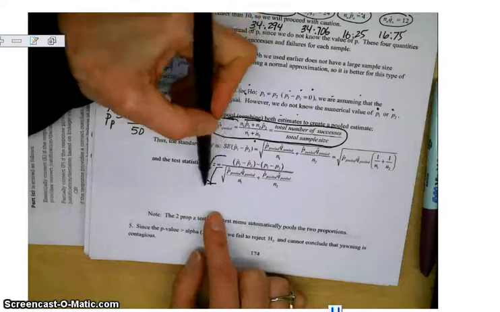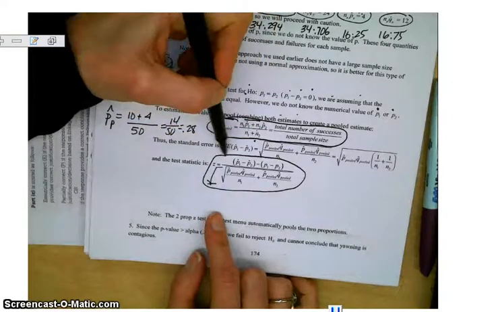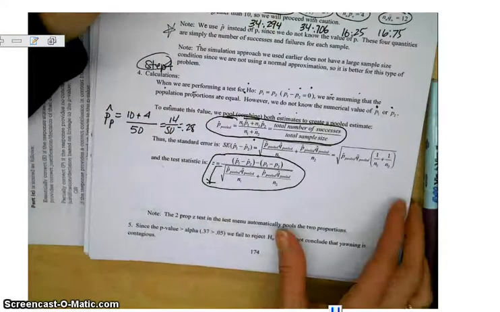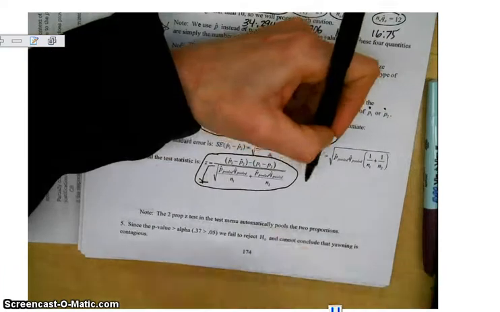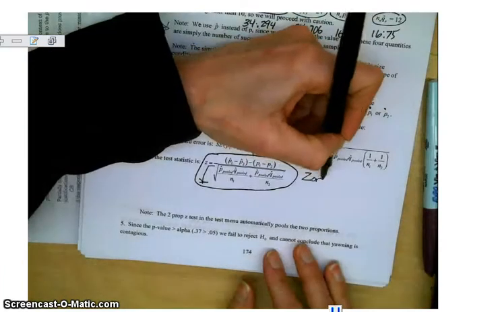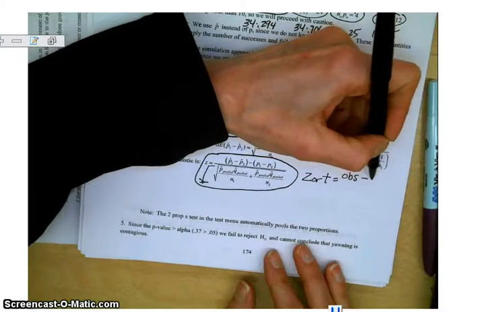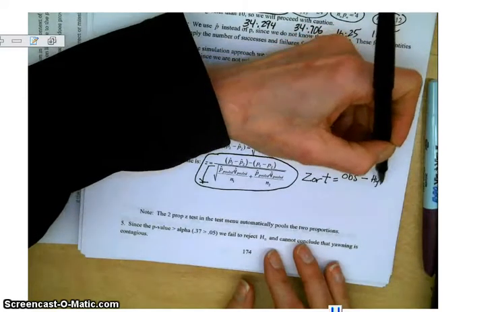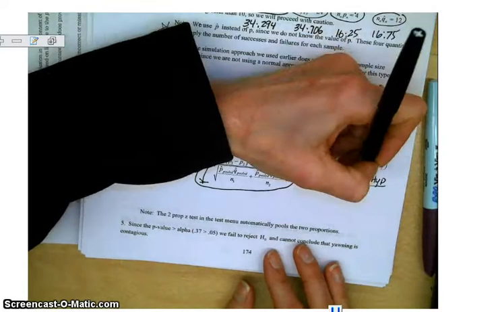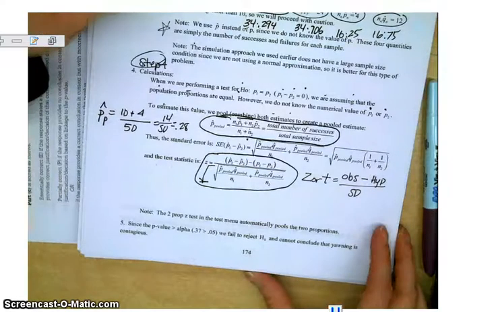This is the formula for the test statistic for a difference in proportions. Again, your test statistic in general is Z or T, and that's equal to your observed value minus your hypothesized or expected value divided by the standard deviation of your statistic.